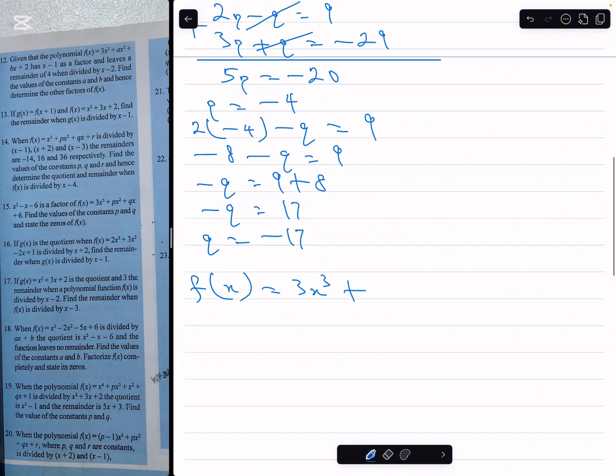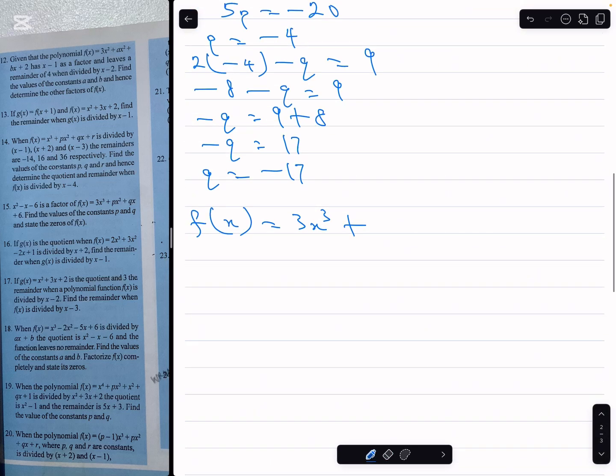What is p? p is minus 4. So plus times minus 4 will be minus 4x squared plus qx. q is also minus 17. Plus times minus is minus. So that's minus 17x plus 6. This is f of x.